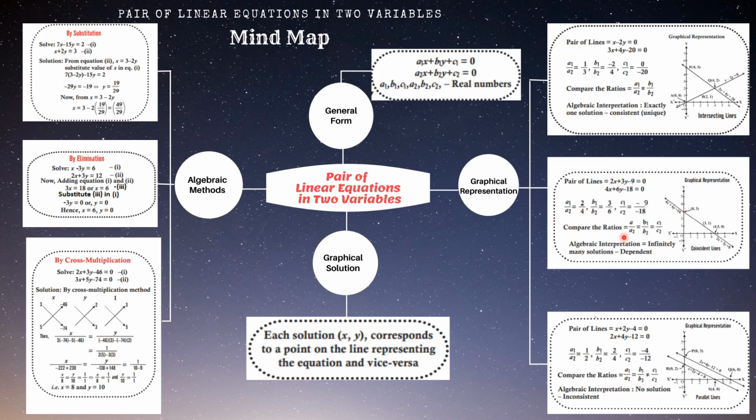When all the ratios are found to be equal to each other, then we say that we have infinitely many solutions for that particular pair of equations. As in, for these two, there would be infinitely many solutions for x and y.